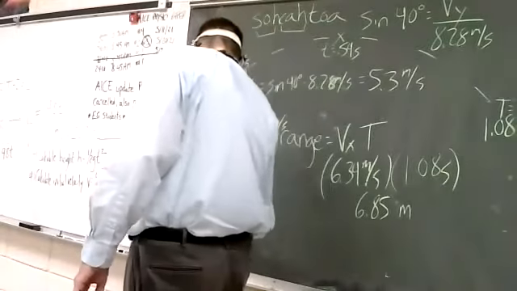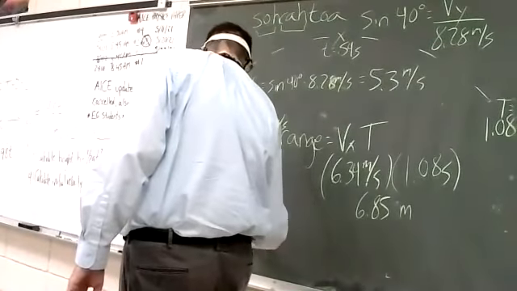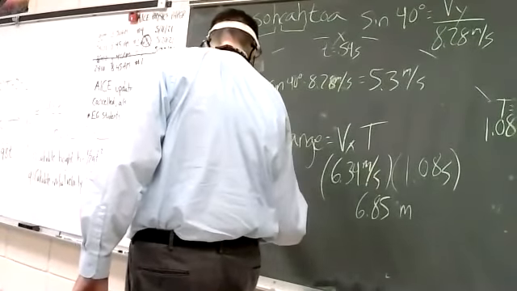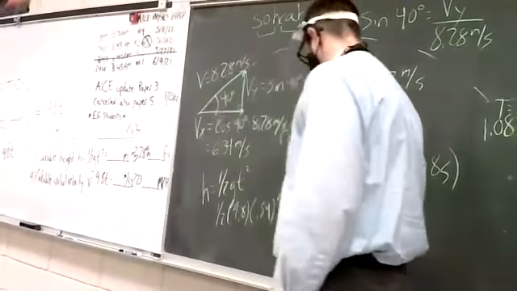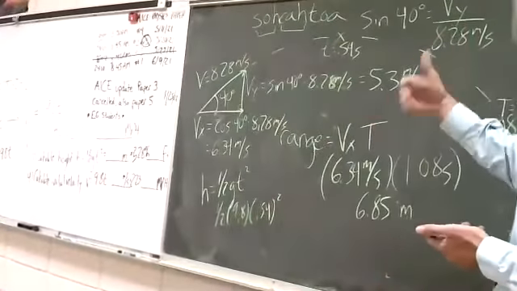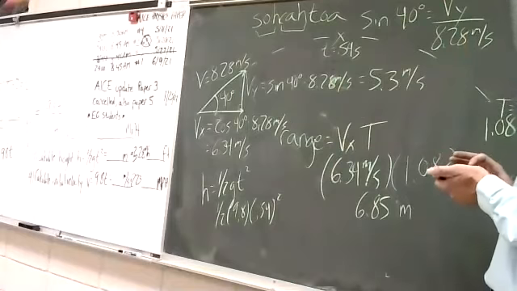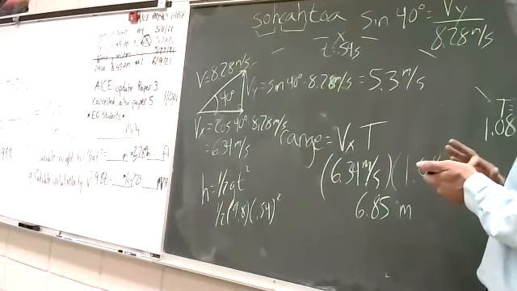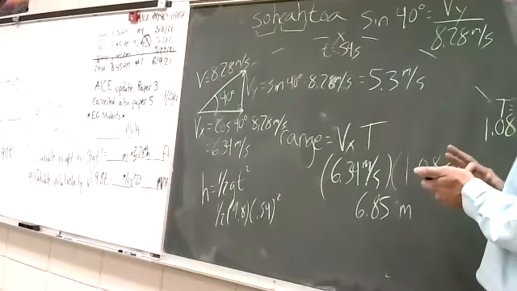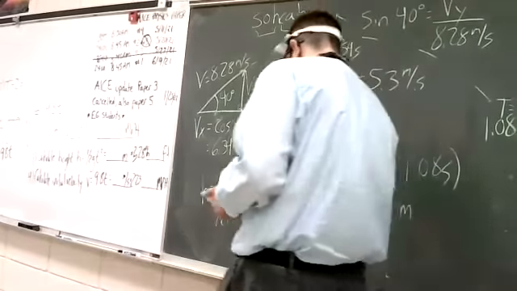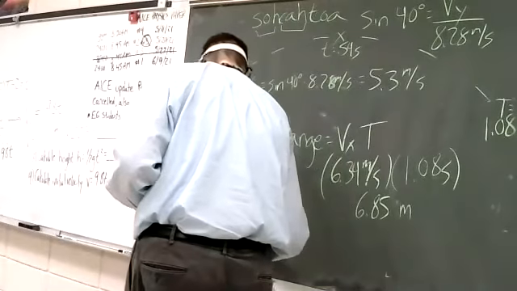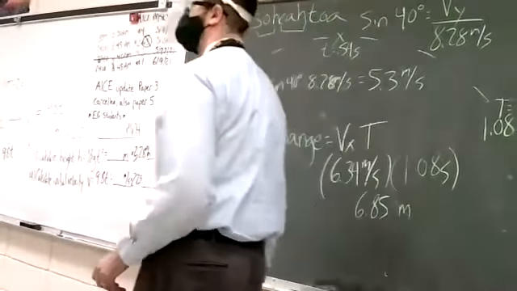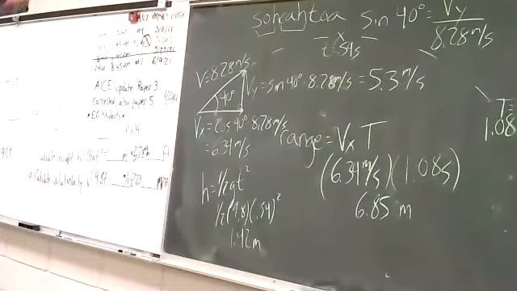Well, it's just going to be half of 9.8 times 0.54 squared. All you have to do is know the time and that equation, and you've got the height there. So 0.54 squared times 9.8 times a half is 1.42 meters, 142 centimeters.